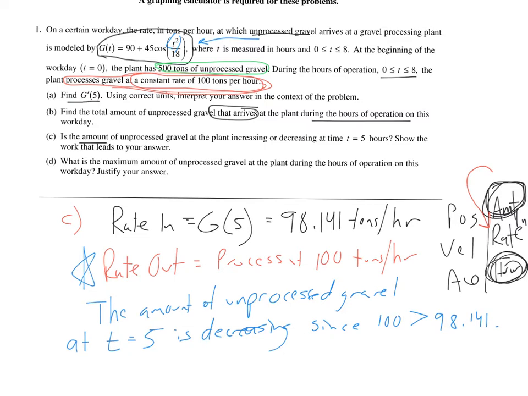We have told the AP grader, look, I know that the rate out is bigger than the rate in, and so therefore the total amount would be decreasing since more is leaving the plant than is arriving at the plant.